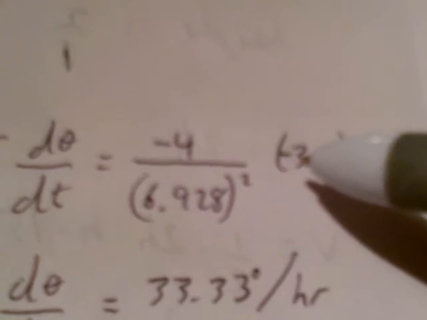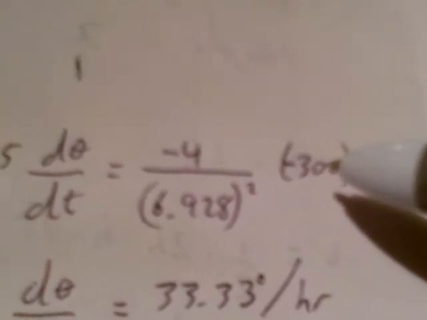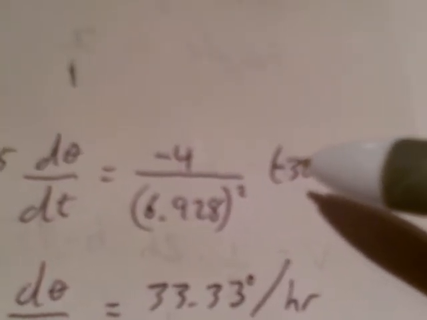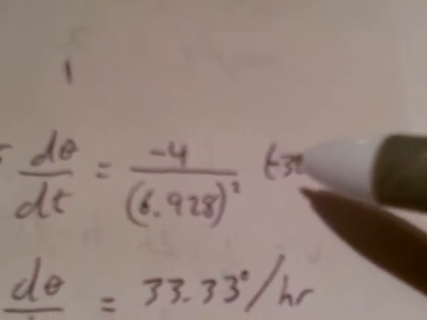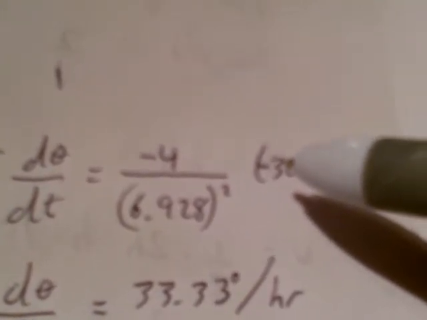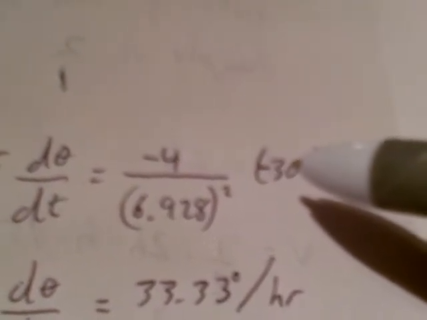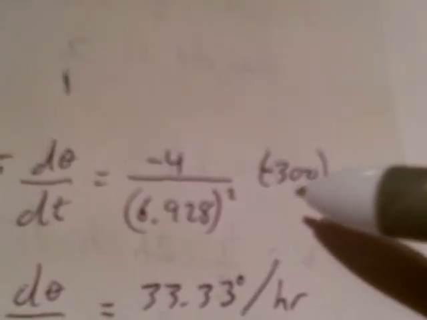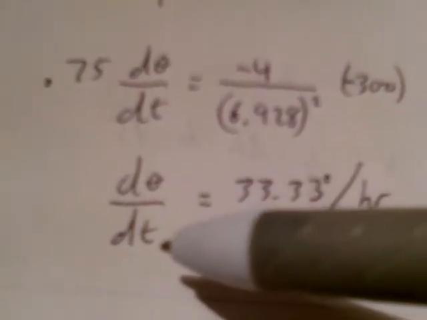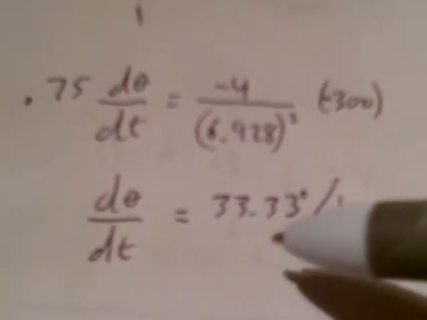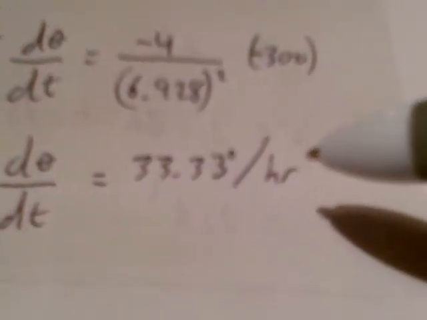And this is going to be negative 300 because the plane is flying towards the observer and decreasing the distance between the observer and the plane. Or we could also think of it as, as we're headed left on the x-axis, we're going in the negative direction, so negative 300. And then, doing some calculations here, it turns out that d theta dt is 33.33 degrees per hour.